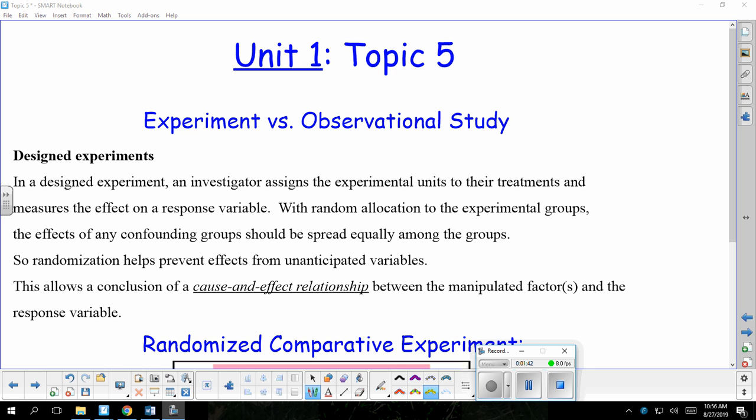Our goal for an experiment is not to extend this to the entire population, but instead to establish a cause and effect relationship between an explanatory and a response variable. The key to doing this is we want our experimental groups to be as alike as possible in regards to all variables, known and unknown, and we want to change simply one thing.